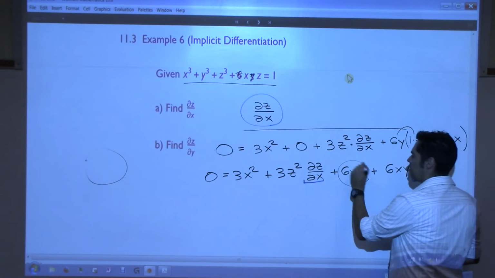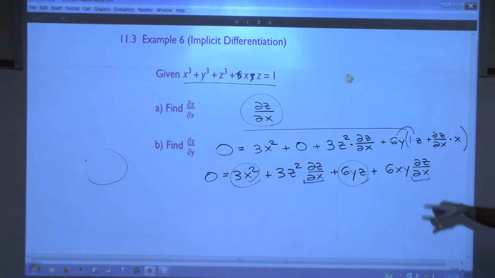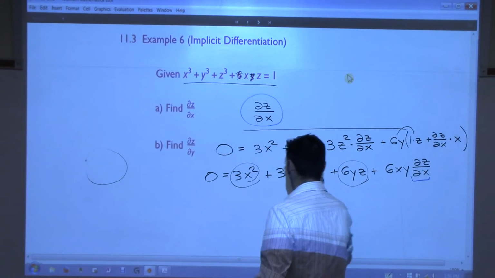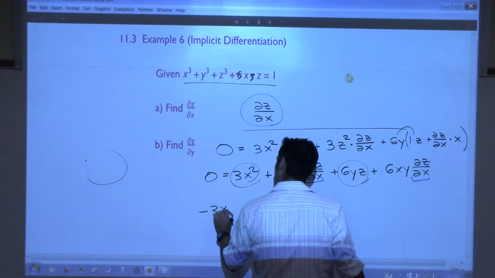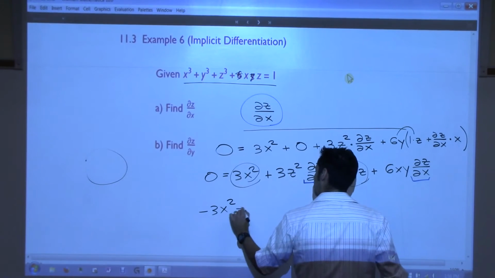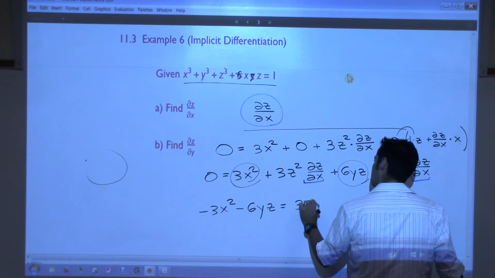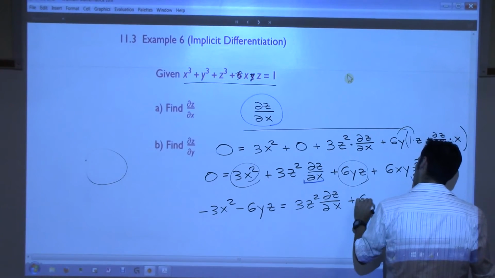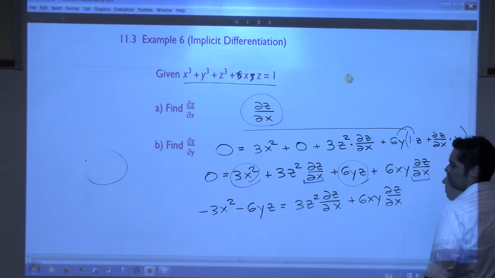So let's move this, and let's move this to the other side. So we have negative 3x squared, minus 6yz equals 3z squared partial z with respect to x plus 6xy partial z with respect to x.